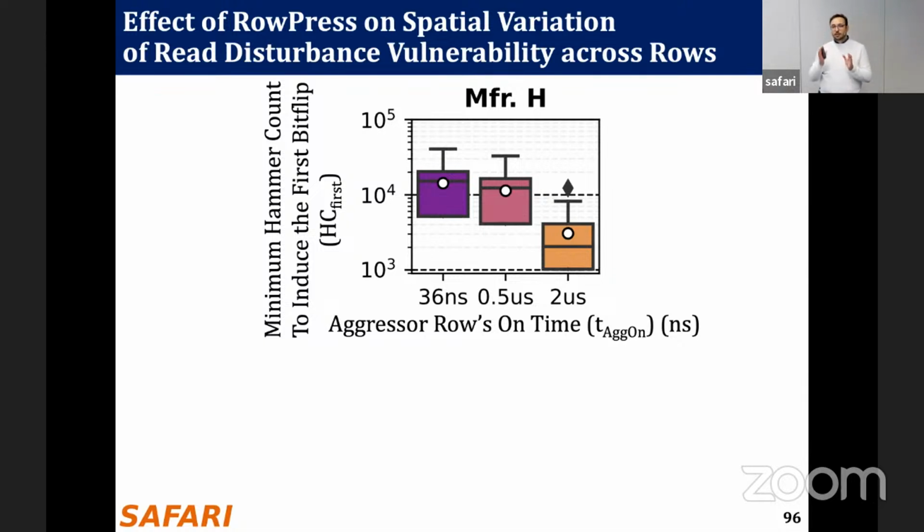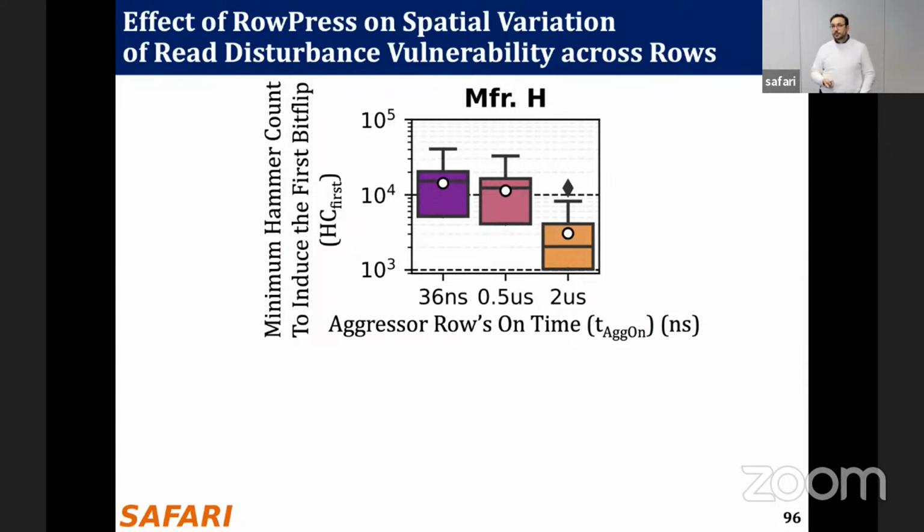This is the minimum time you have to keep the row open, so it's equivalent to RowHammer. The second point is 0.5 microseconds, and the third one is 2 microseconds. These are realistic values that you can reach by accessing different columns in the same row. You can force the system to keep your rows open.